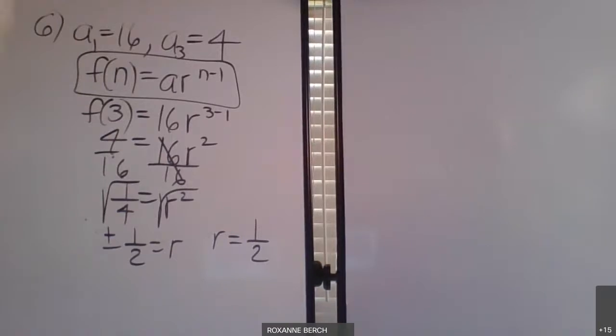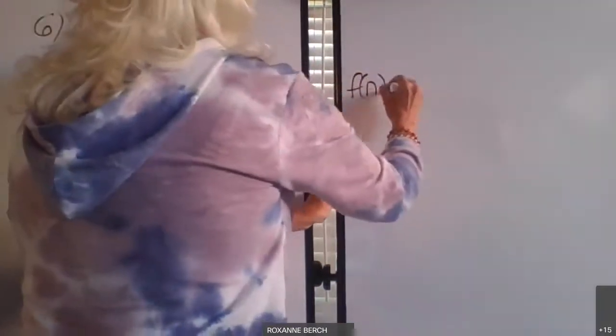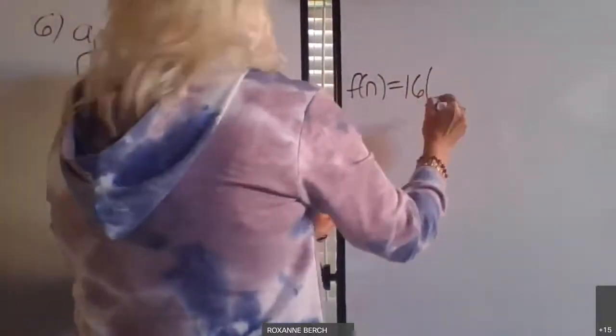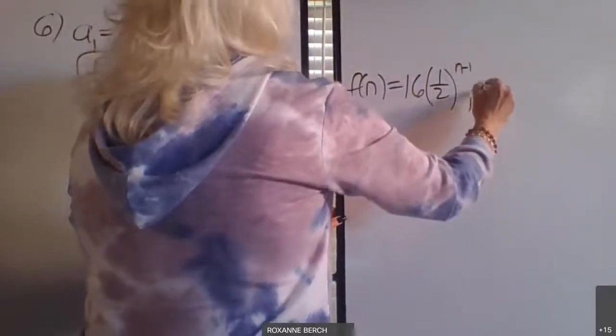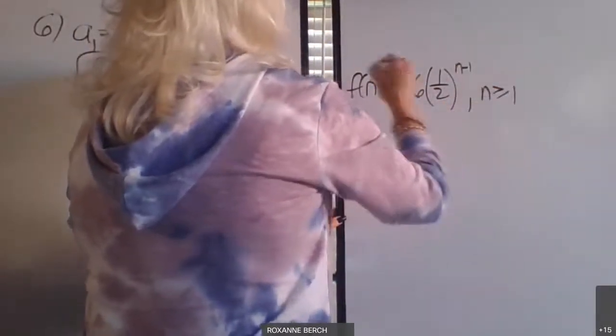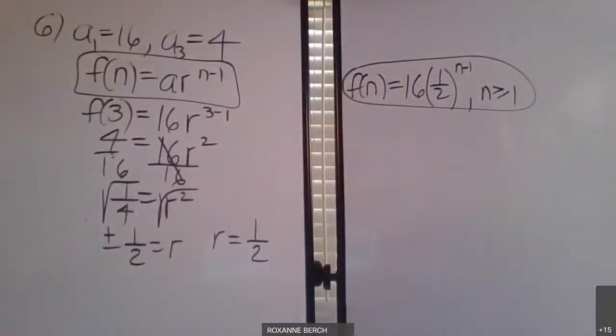Okay, so let me finish real quick. So our answer is f of n is equal to the first term times 1/2 to the n minus 1, where n is greater than or equal to 1. So that's what they want, the explicit rule based on the given terms.